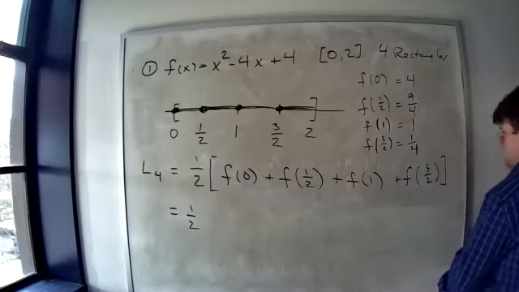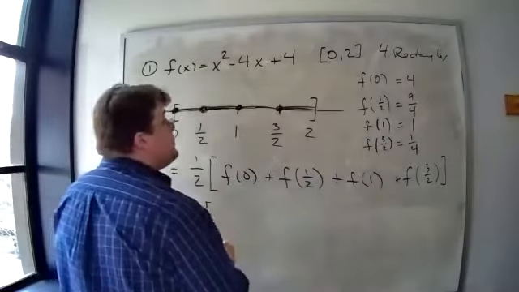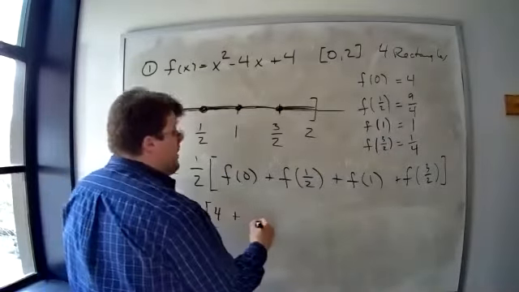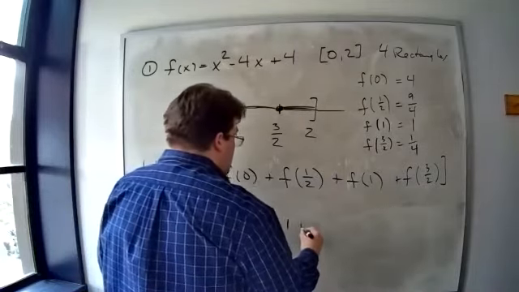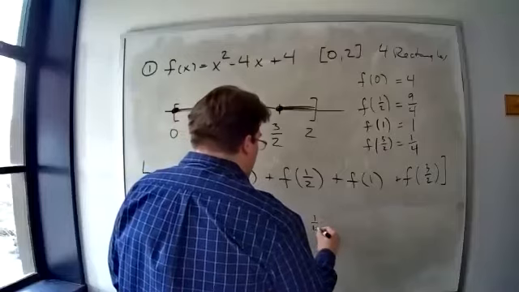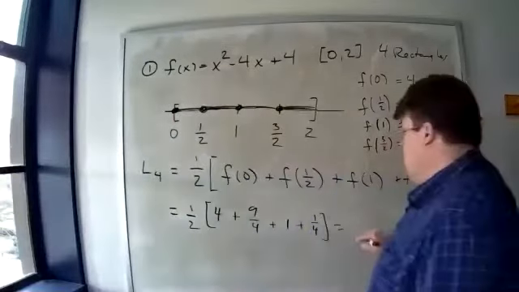So we have all these y values, and we're just going to substitute them here. f of 0 was 4, f of 1/2 was 9/4, f of 1 is 1, and f of 3/2 is 1/4. Now we just have to add these together, multiply. So what do we get?